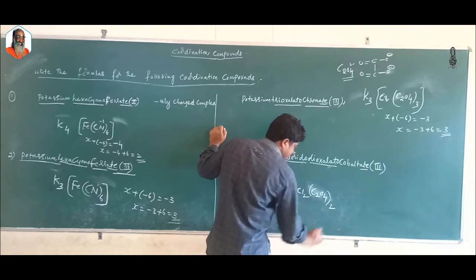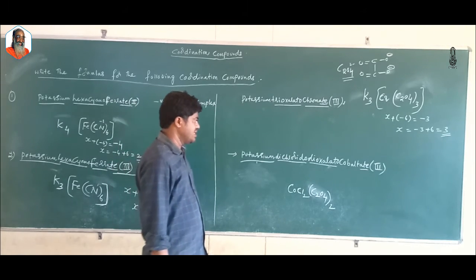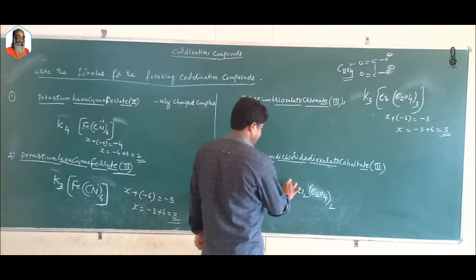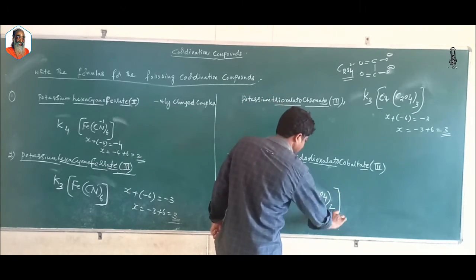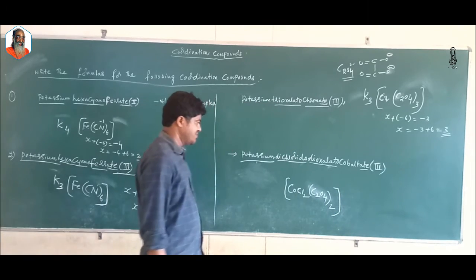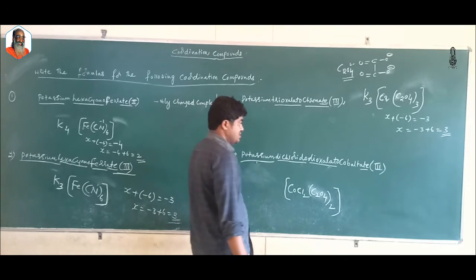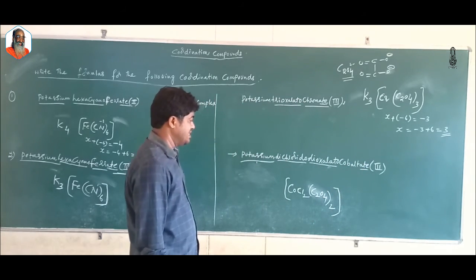Dioxalato is (C2O4)2. Enclose the complex first in square brackets, so that it will help us calculate the oxidation state of cobalt as 3.